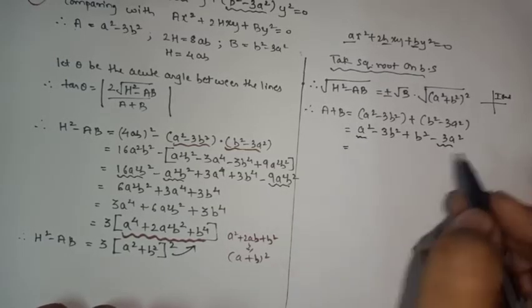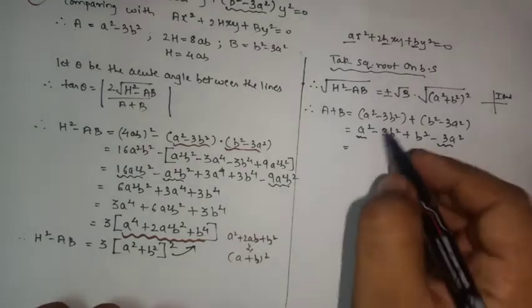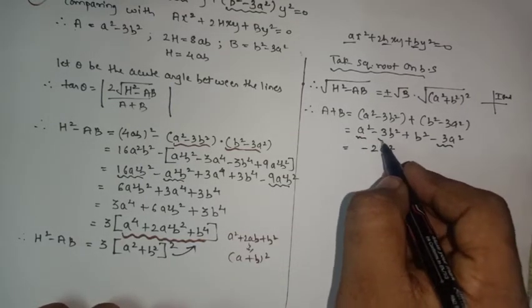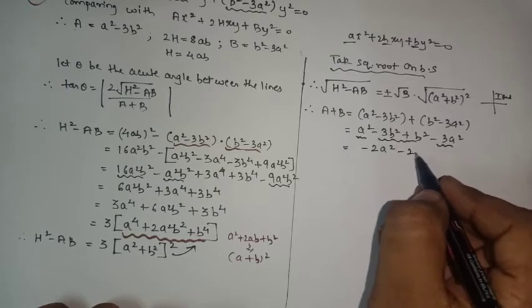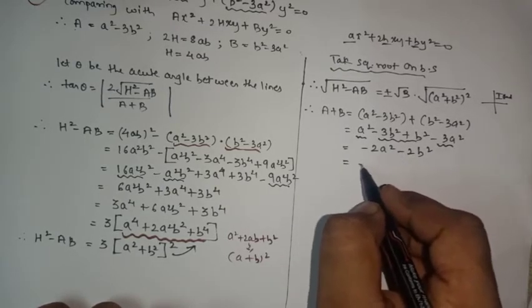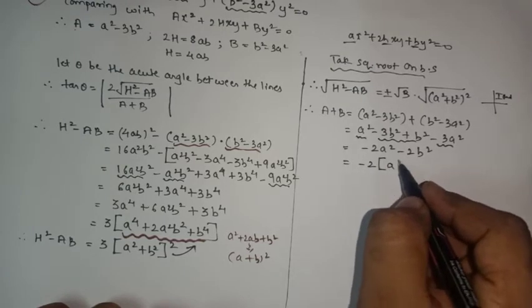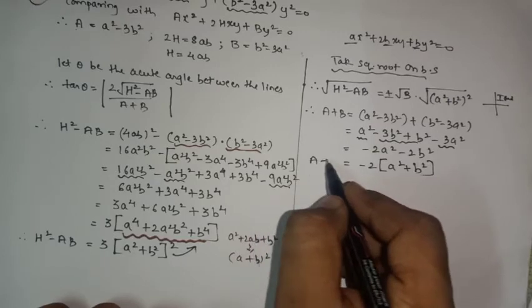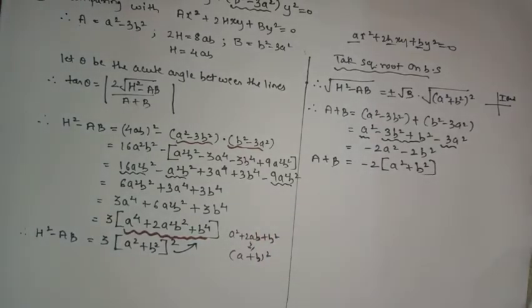See the like terms: a square minus 3a square will be minus 2a square, and when you solve this part, you will get minus 2b square. Clearly we can see that minus 2 is common, so inside the bracket you will get a square plus b square. So here we got a plus b also.